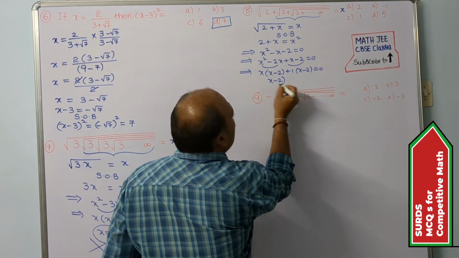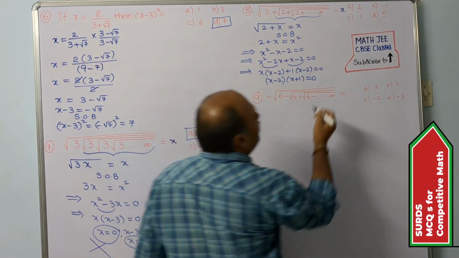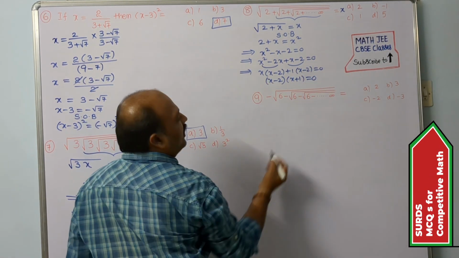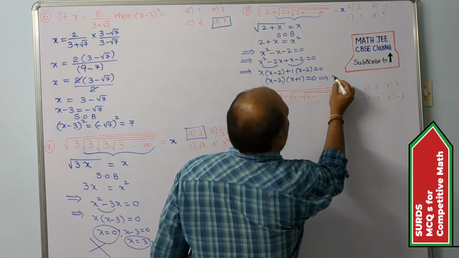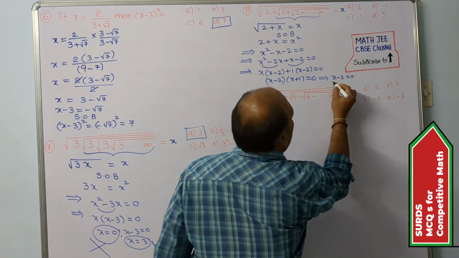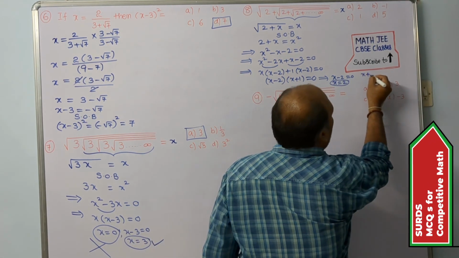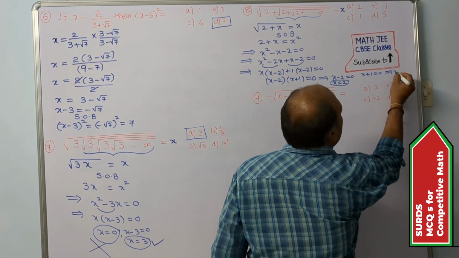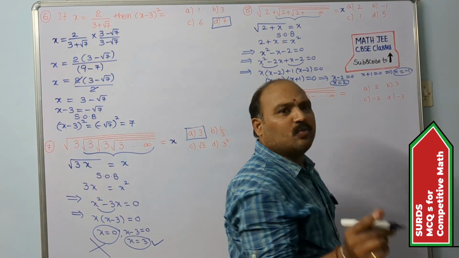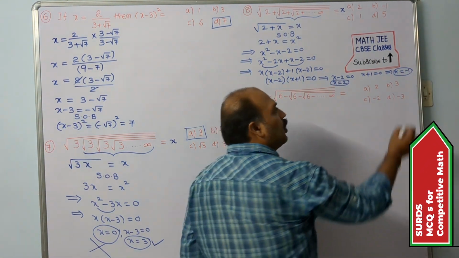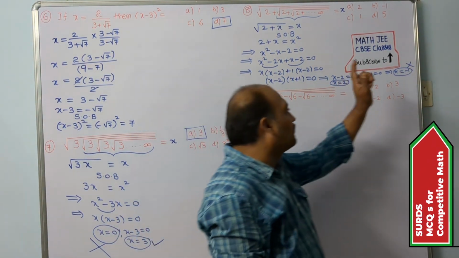So (x minus 2) into (x plus 1) equal to 0. So what comes here? After that, we have the possibilities: x minus 2 equal to 0, x is equal to 2; x plus 1 equal to 0, x is equal to minus 1. Root values are always positive, we cannot get any negative values. So x is equal to minus 1 is not our answer, it is absurd.